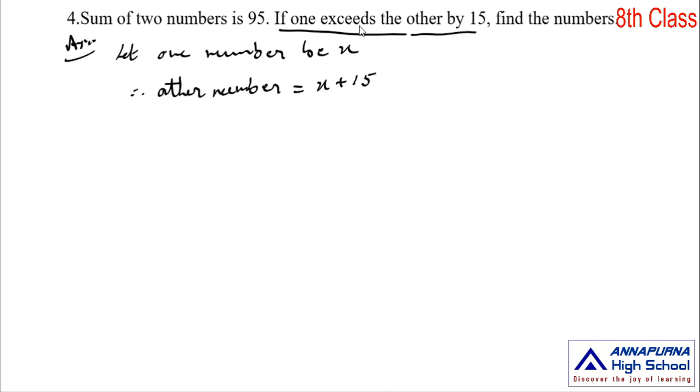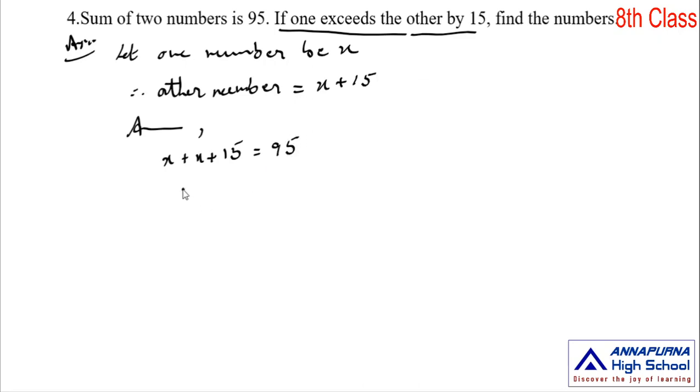One number is 15 more than the other number, so one number is x, therefore the other number is x plus 15. According to the question, their sum is equal to 95. Their sum is x plus x plus 15, equal to 95.